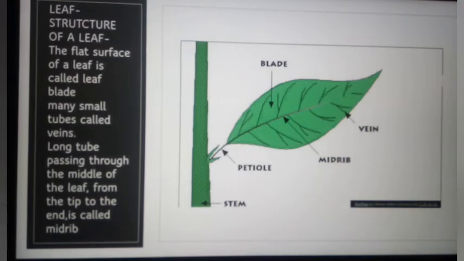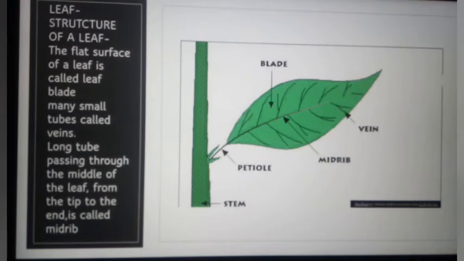Now, the next part of the plant is the leaf. What is the structure of a leaf? Different kinds of plants have different types of leaves, but there are some general things. Almost every leaf has a flat surface, which we call the leaf blade.